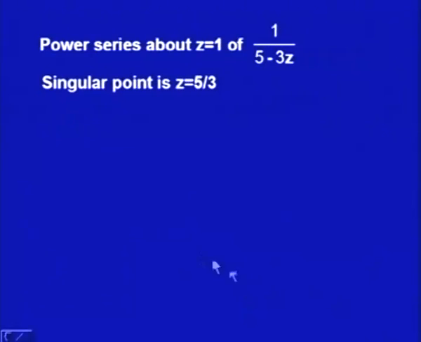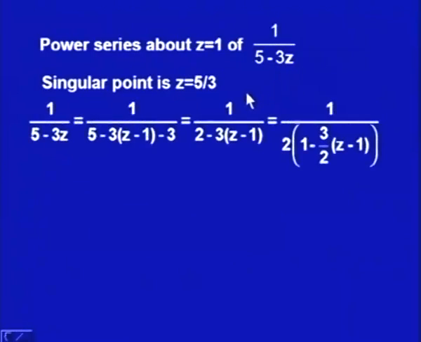Now, in this case one can notice that this function is not analytic when 5 minus 3z equals 0, or we say that z equal to 5 by 3 is a singular point for this function, but at z equal to 1 this function is analytic. So, we can expand this function about z equal to 1, or in powers of z minus 1.